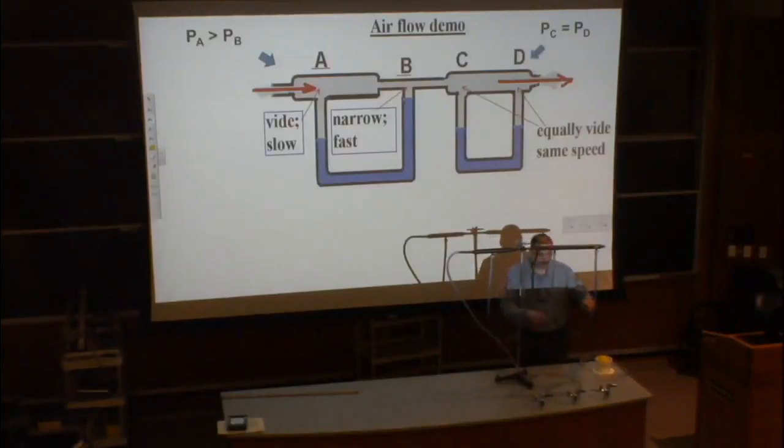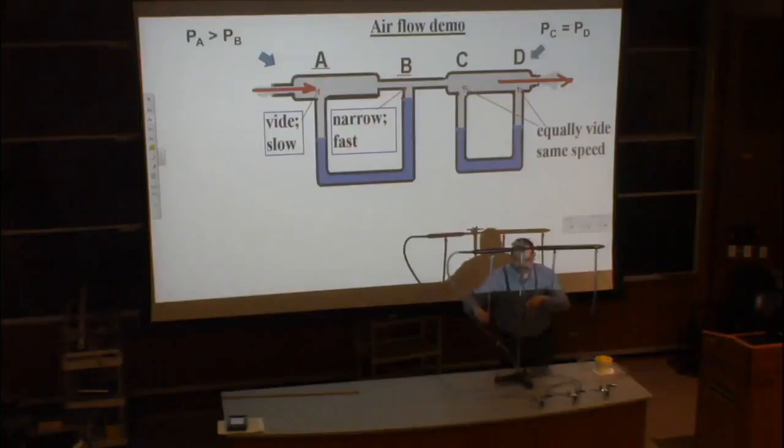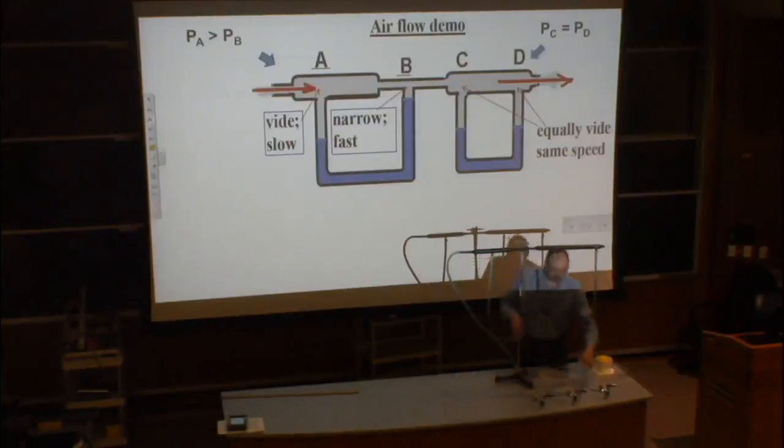So right now, here and here, the pressure is the same. Here and here, the pressure is the same. And if I see something different, let's say I see that this level goes down, this goes up. What does it mean? Where is the pressure higher? Here. If I see something like this, that means pressure will be higher. So this is a pressure manometer.